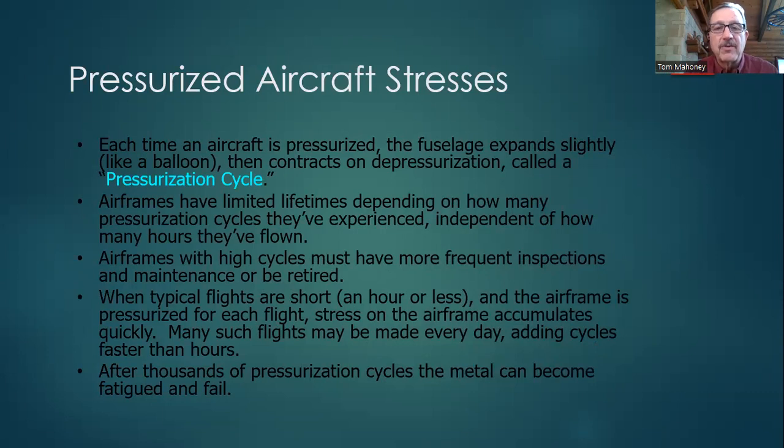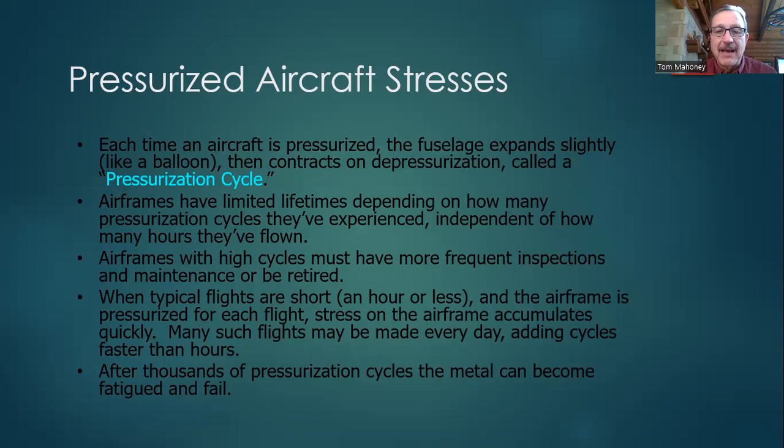Pressurized aircraft stresses. This is actually what caused the life expectancy of a jet aircraft to be decreased. Each time an aircraft is pressurized, the vessel fuselage expands slightly, and not so much like a balloon, but just a little bit, and then contracts when it's depressurized. In other words, just before landing, the aircraft will be depressurized, and that is called a pressurization cycle.